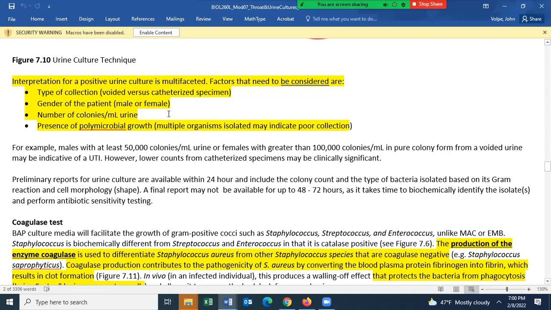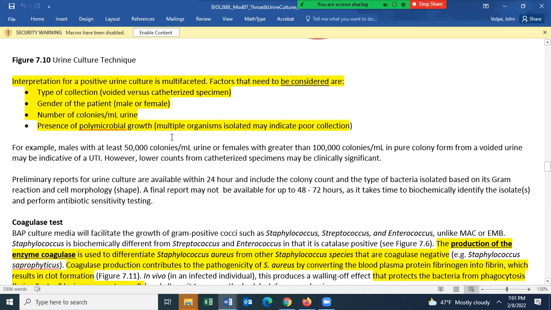You have to take into consideration the gender of the patient. Males have less bacteria in their mid-collection stream than females. And then you also look at the number of colonies present per mL of urine and base your interpretation on that. The presence of polymicrobial growth, meaning multiple organisms isolated, may indicate poor collection technique.